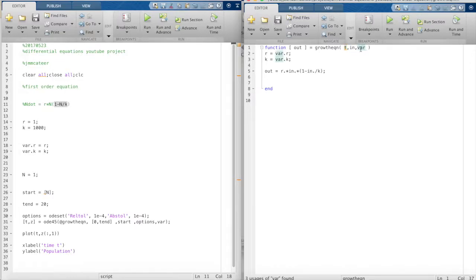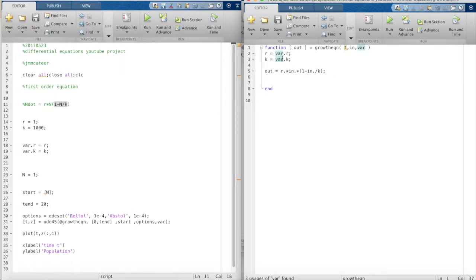This variable here is a structure, a data structure in MATLAB, and this is how we can pass in variables. We're just using it here to pass in the values r and k. So we're setting them here, var.r equals r and var.k equals k, and then we're extracting them over here, because the global variables don't cross into the different functions.